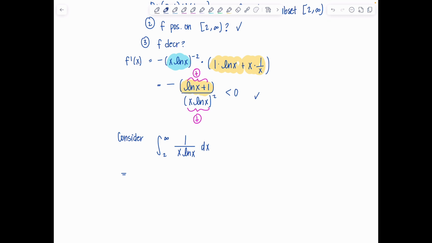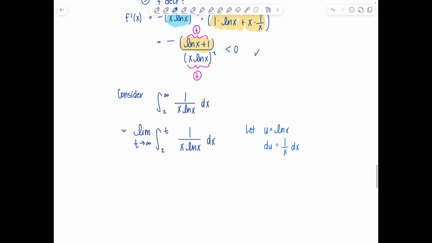So first things first, rewrite this as a limit before you forget yourself. Then we go 2 to t, 1 over x ln of x dx. How would you evaluate this integral? Yes, just a relaxing u sub. So you're going to let u be ln of x, and then du is 1 over x dx.